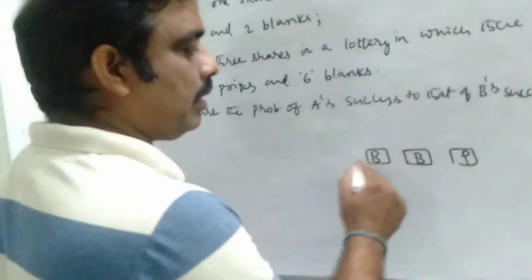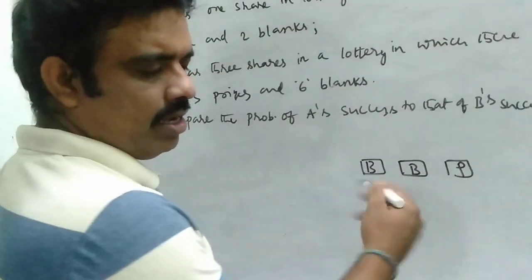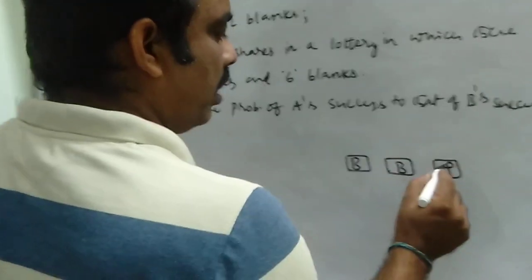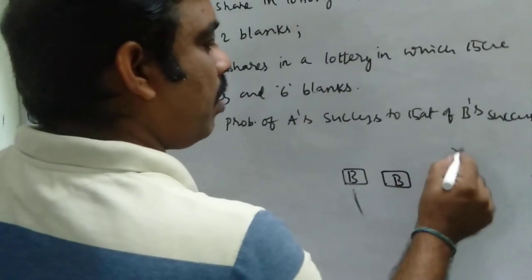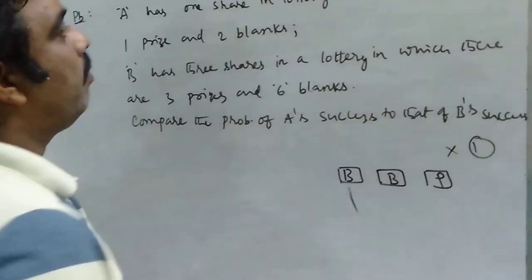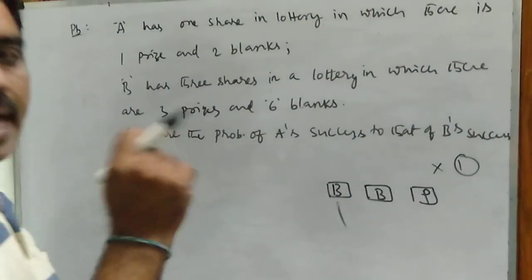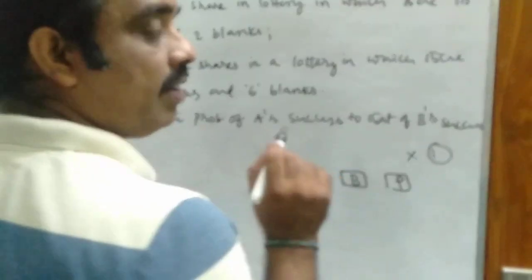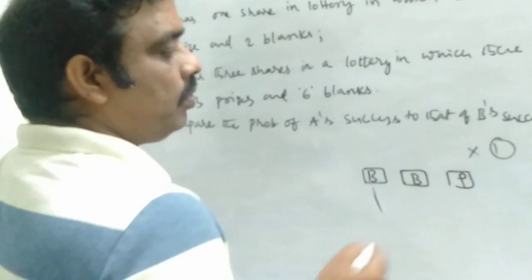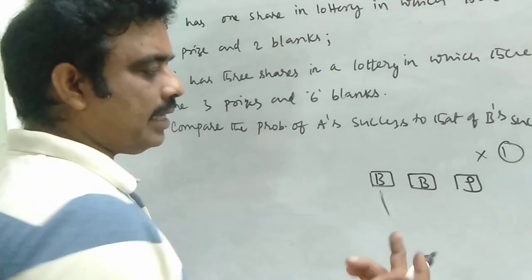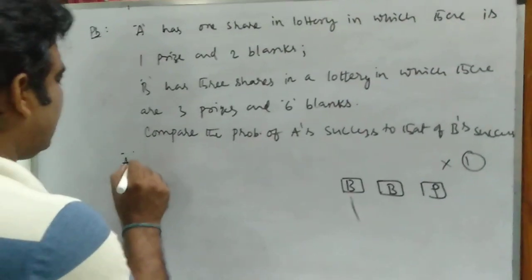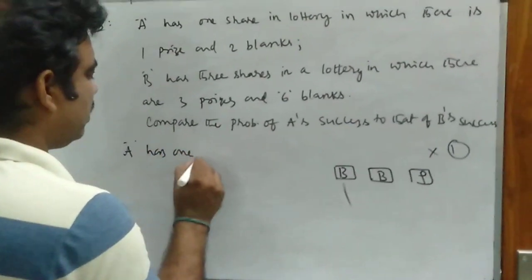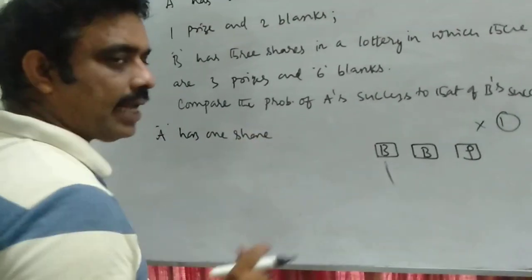So the prizes and blanks may be in any order. There is 1 prize and 2 blanks, so he has to draw only one share. He can draw only one time. That means the probability of success of A is 1 out of 3. So here A has 1 share and can draw only one time.